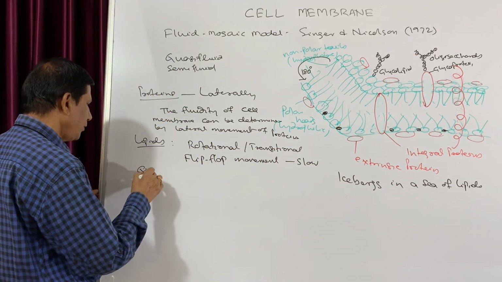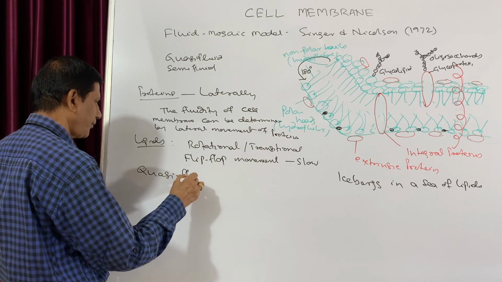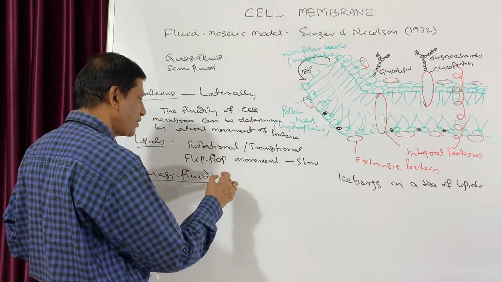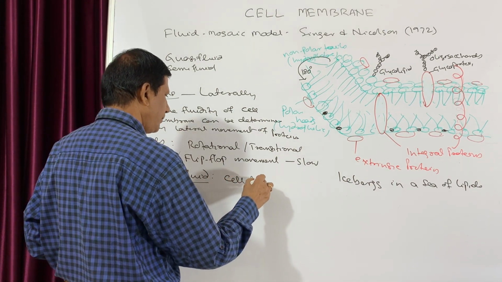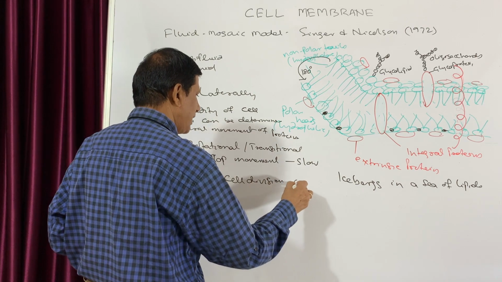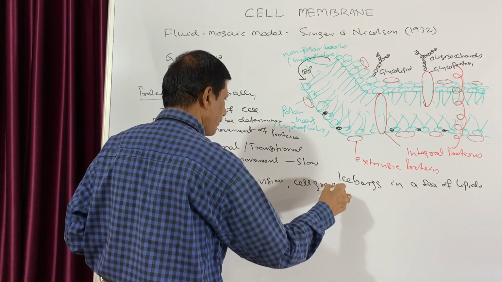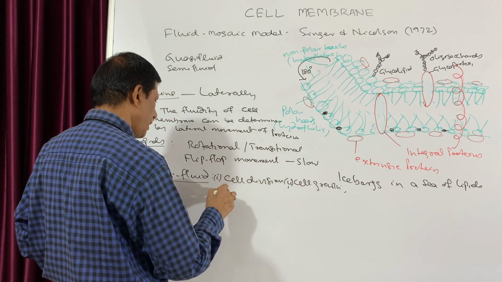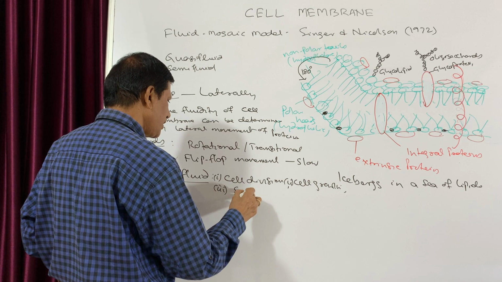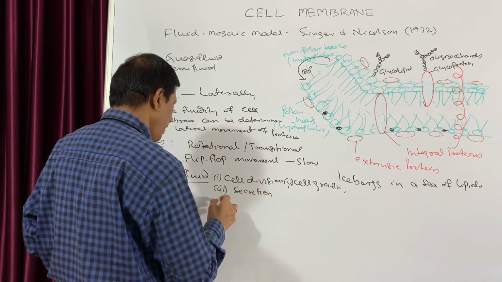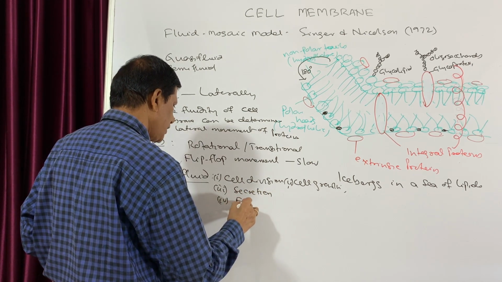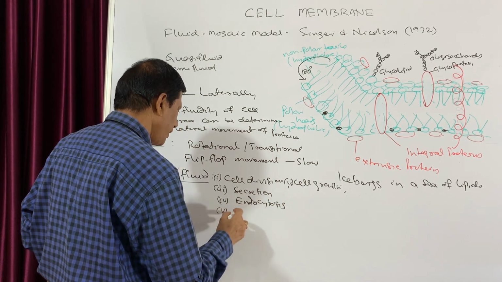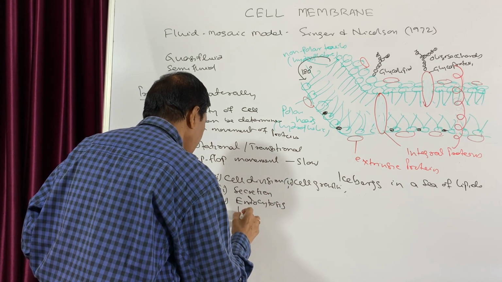Now, due to the quasi-fluid nature, this cell can perform some functions. What are the functions? Number 1 cell division, number 2 cell growth, number 3 secretion, number 4 endocytosis, number 5 that is intercellular junctions.